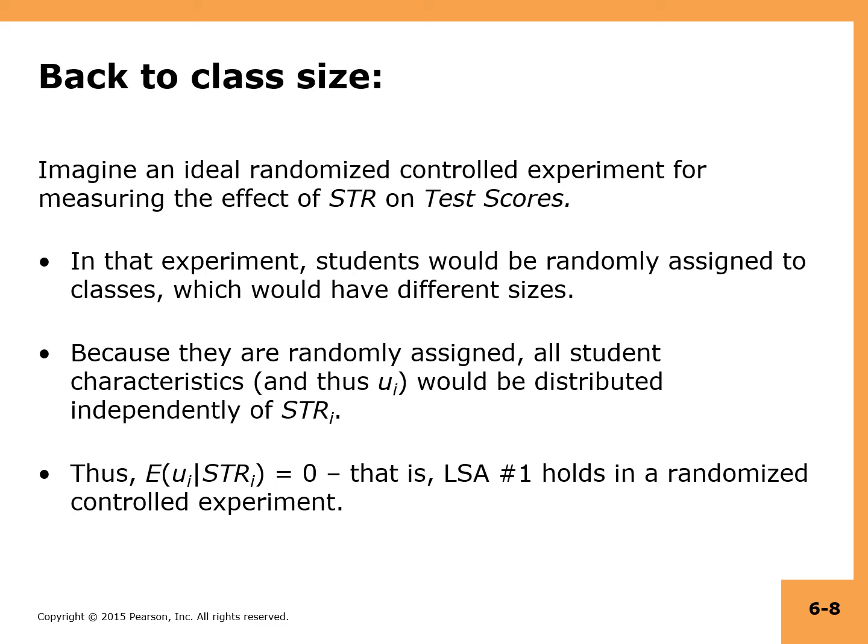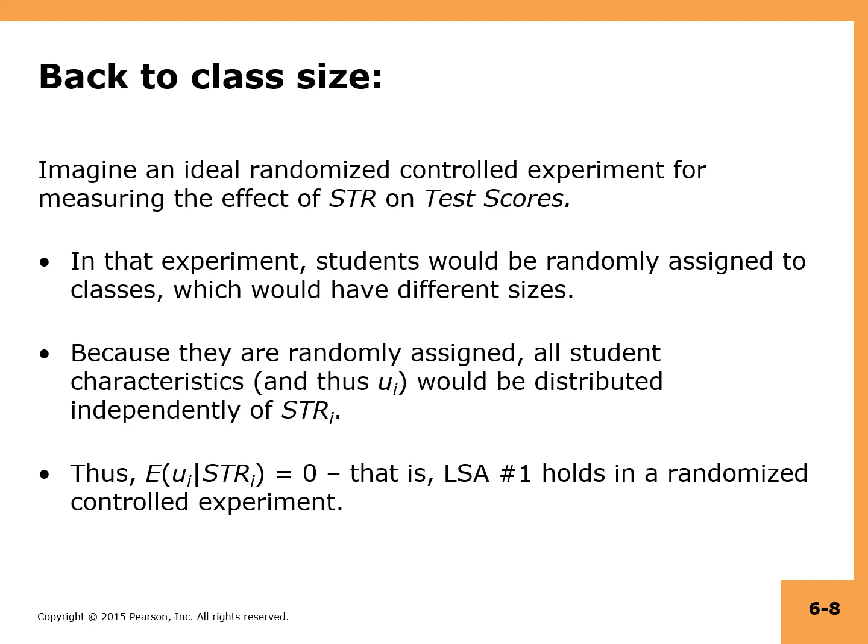Going back to our policy question, if we think about the ideal randomized controlled experiment for measuring the effect of student-teacher ratio on test scores, we would have to randomly assign students to different class sizes.